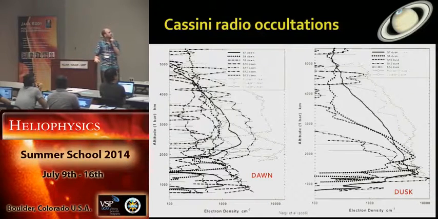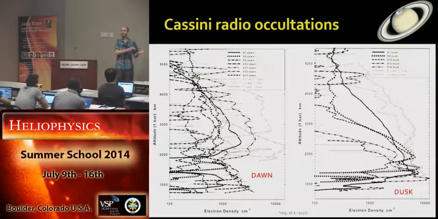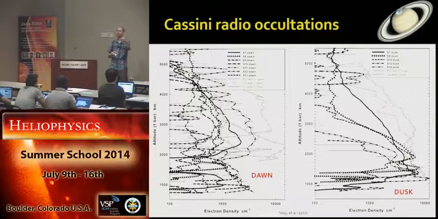Most likely, we'll get into some of the possible causes a little bit later for these vertical structures. But basically, it's nothing like you would expect for just a simple photon-produced ionosphere. There's a lot of structure induced that you can sort of hand-wave your way around and explain, but you can't derive one answer for one profile that will then also explain all the other profiles. You need to sort of rederive the answer for each profile.